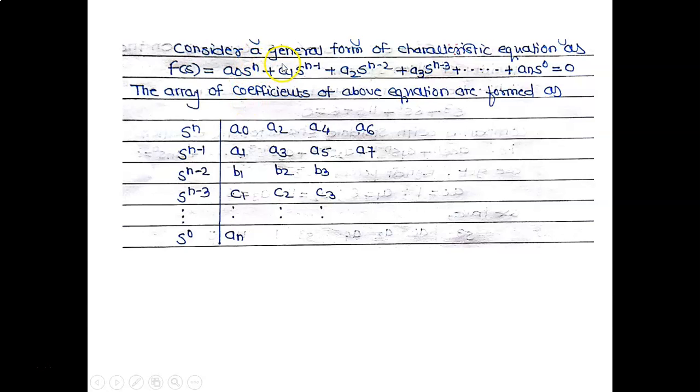After a1, keep the coefficients nearest and take them one by one: a1, after that a3, after a3 write a5, after a5 write a7. Similarly, the rows continue with b1, b2, b3, c1, c2, c3 and s raised to 0 row an. Now this b1, b2, b3, c1, c2, c3 we have to obtain by using some calculations.